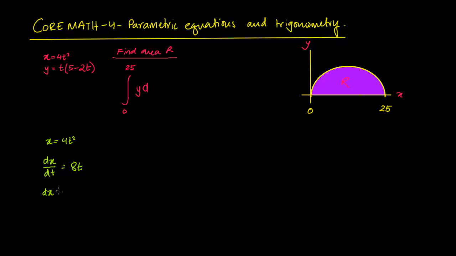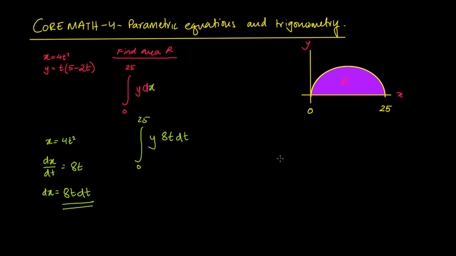So dx is equal to 8t dt. Now we just substitute in here, the integral from 0 to 25 of y dx, where dx is equal to 8t dt.